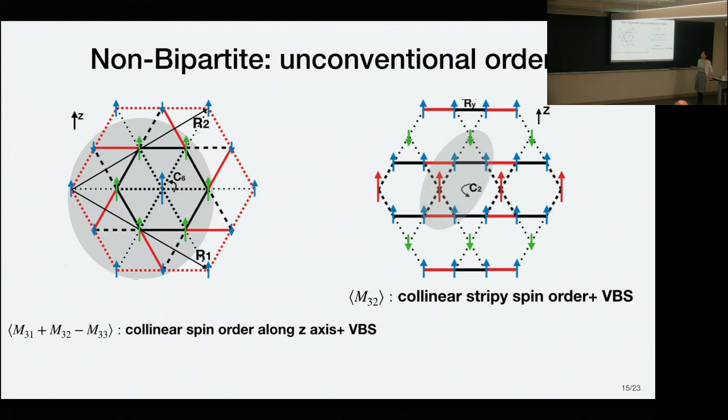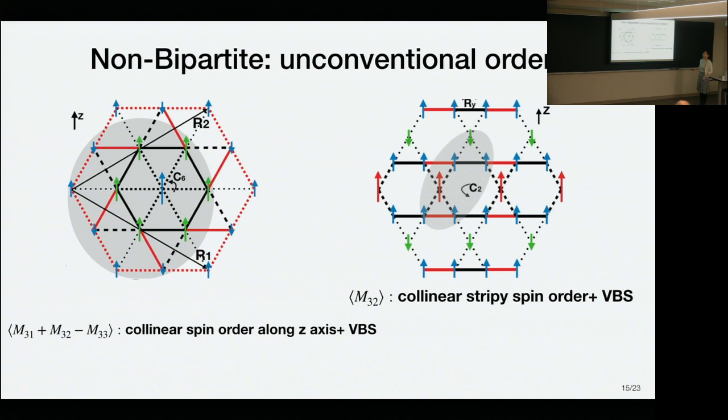And similarly, there are also unconventional orders, such that if we generate some condensation of a mass that's mixed, that has both the spin and valley degrees of freedom, this typically results in a symmetry breaking state that both breaks the SO3 spin rotation and the lattice translation or rotation symmetries.